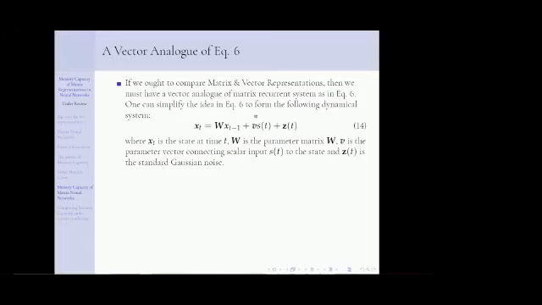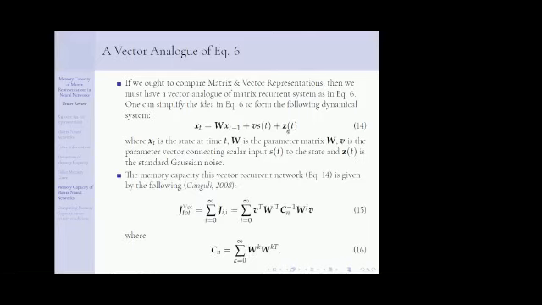So you can see here it is exactly the same as in equation 6, but just for vectors. So there are no u and v's. It's just for vectors, W x_{t-1}, and s_t is still the scalar input. It connects the current input to the current state, and z_t is a Gaussian random vector. Now the thing is, we don't need to calculate its memory capacity because it's already done by this author, and so our work is much more simplified.